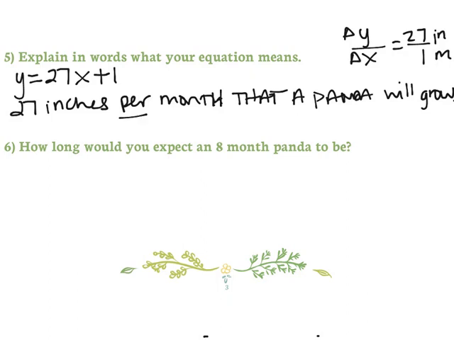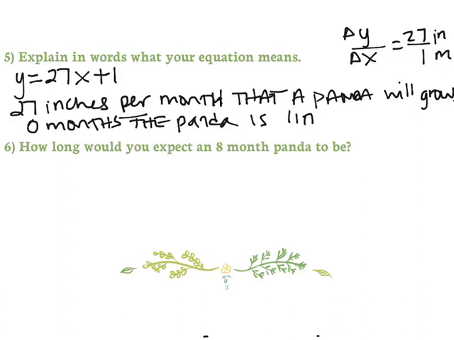Now our actual b, our y-intercept, is where the graph actually crosses the y-axis. So that means that at 0 months old, the baby panda, at 0 months, the panda is 1 inch.